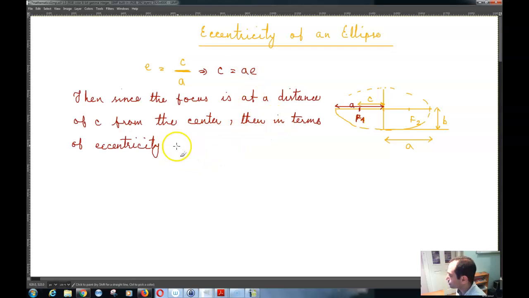So in terms of eccentricity, the focus is at a distance of AE from the center.